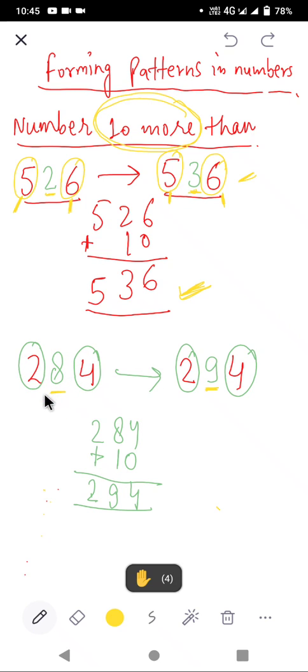Here in the second number, we have 284. So 2 will remain same and 4 at the ones place will remain same. What will change? The tens place digit only. Here we have 8 and here it will become 9. Okay, so 10 more than 284 is 294.